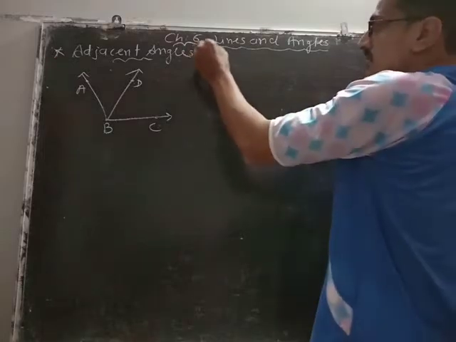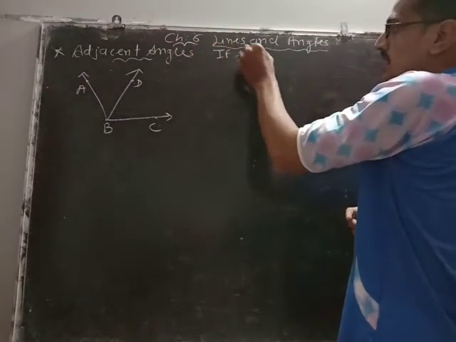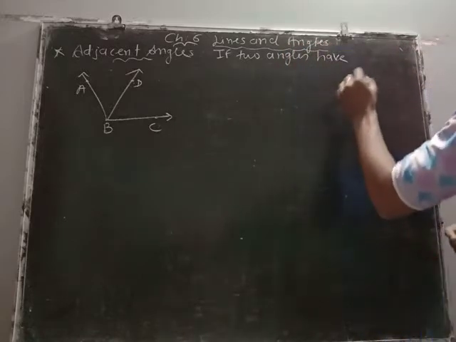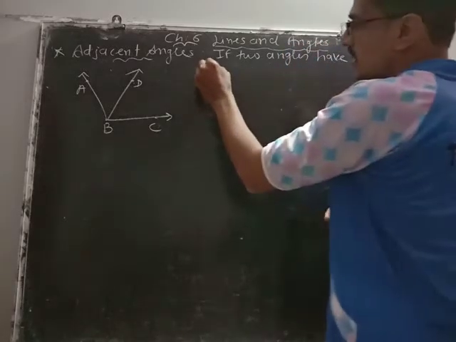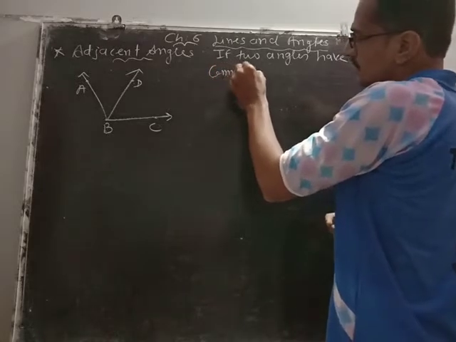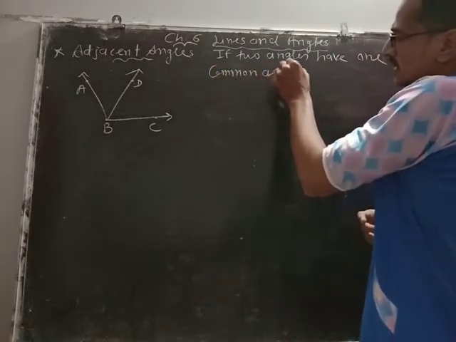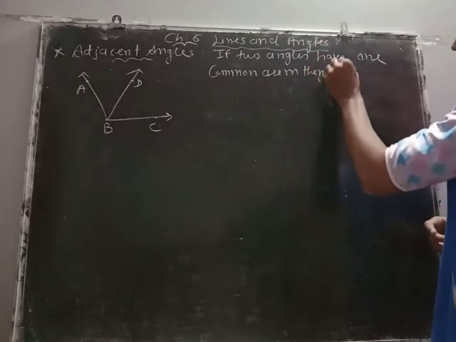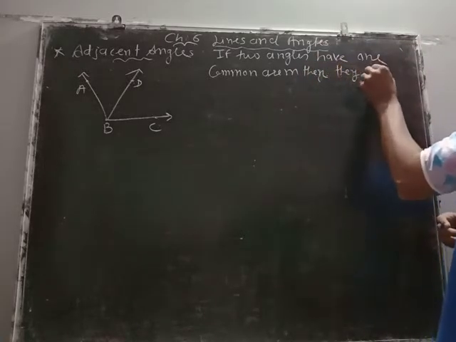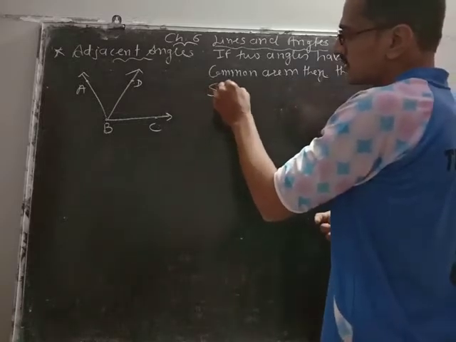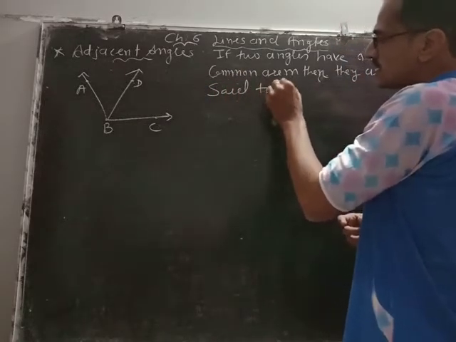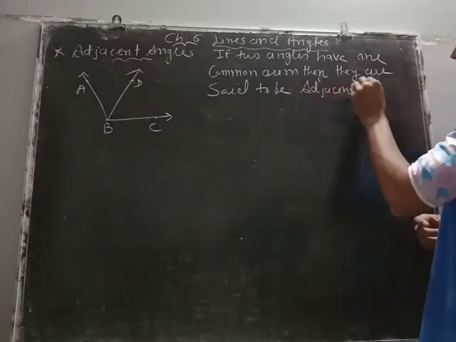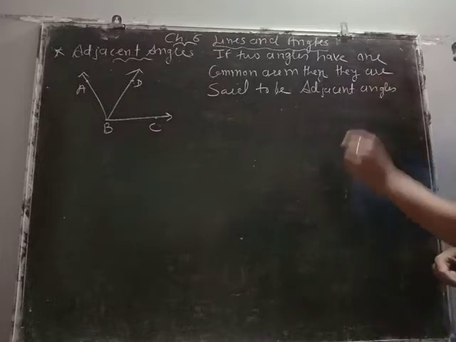So if two angles have one common arm, then they are said to be adjacent angles.